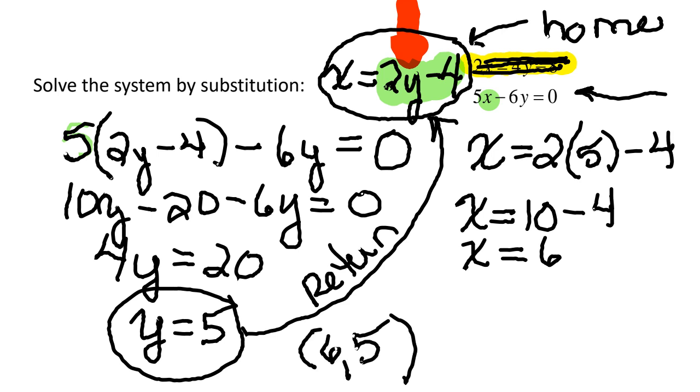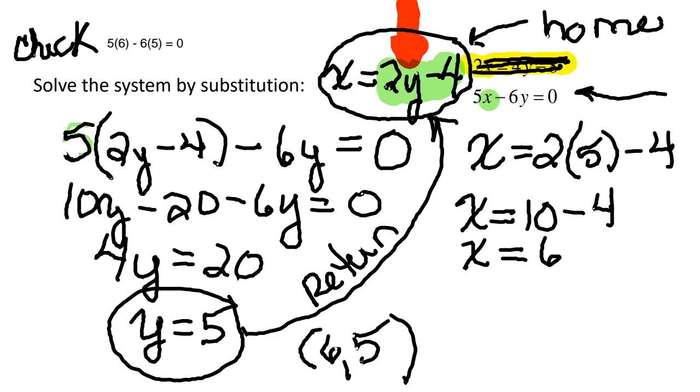Now remember, if you want to check it, you would then take 5 times 6 minus 6 times 5 and see if it equals 0. And it does. And notice I did this entire problem without fractions.